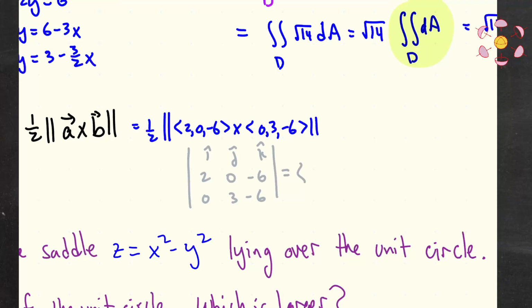So i hat, do a little mini determinant of this. So that's 0 minus a negative 18. So plus 18. Remember, there's a minus in the formula, and now I'll do the determinant of these pieces. So I'll get negative 12 minus 0.